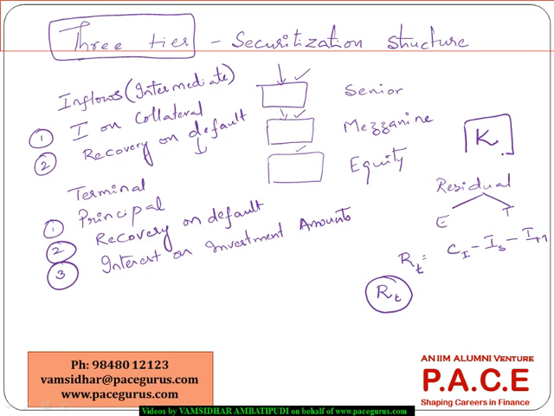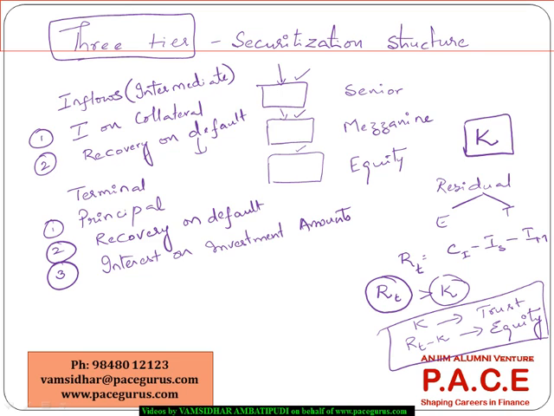So if the residual is greater than the amount contributed to the trust, then K would be contributed to the trust, and the remaining residual after taking out K would go to the equity investors. That is in the intermediate cash flows.